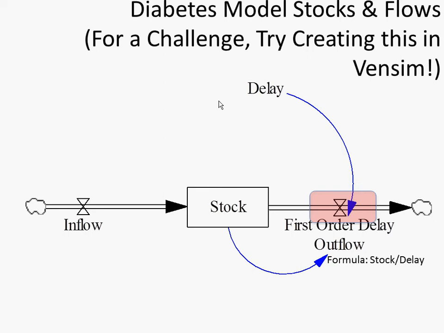Okay. So, narrate for me the implications of that. Suppose we have no inflow. Suppose we turn off the inflow, turn off this spigot. There's nothing coming in. What's the behavior of this stock? Suppose this stock has some large amount of quantity in it.